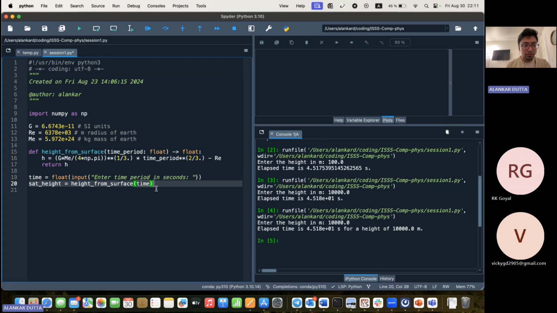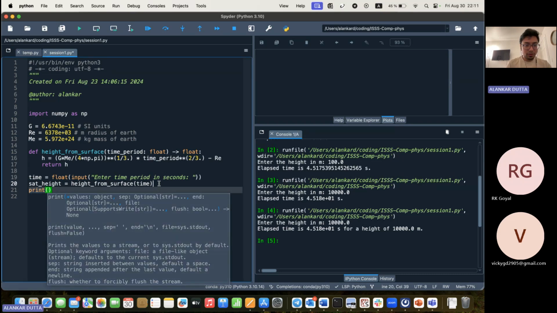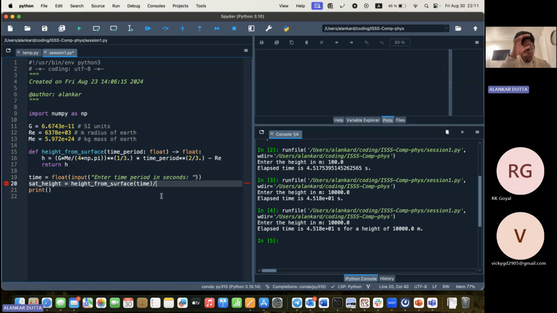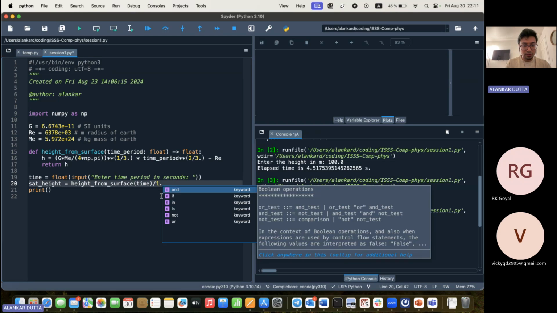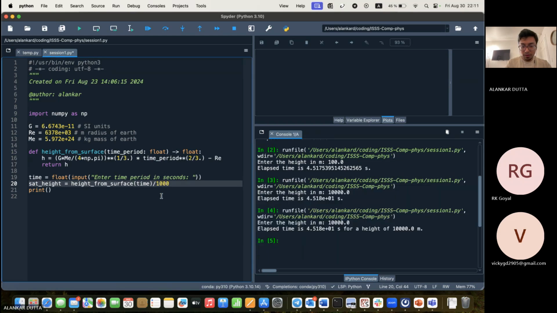So if you want to give it in, say, let's see, we can print this out. Now if I want to get this in, say, kilometers, which is generally what, because this is a very large number, we can just divide it by 1,000, right?